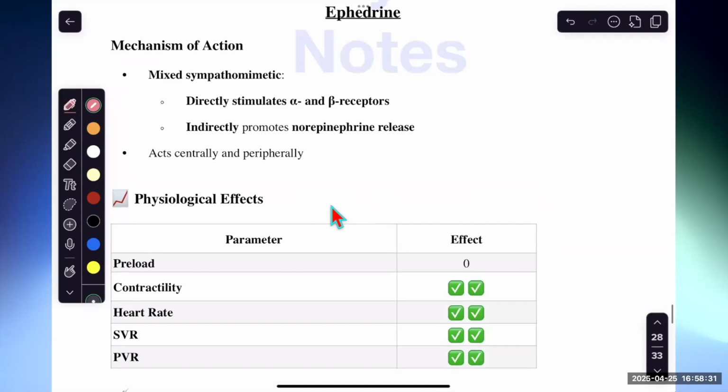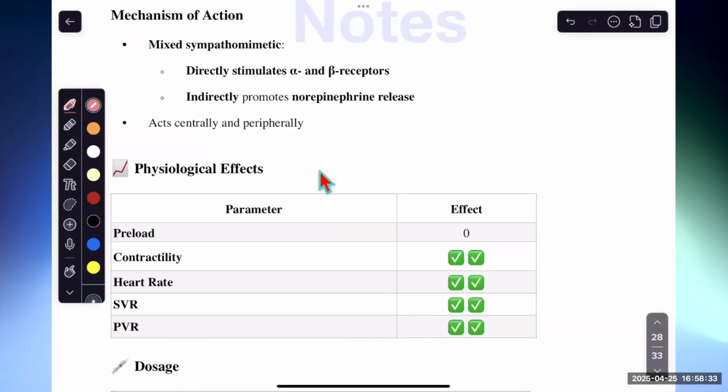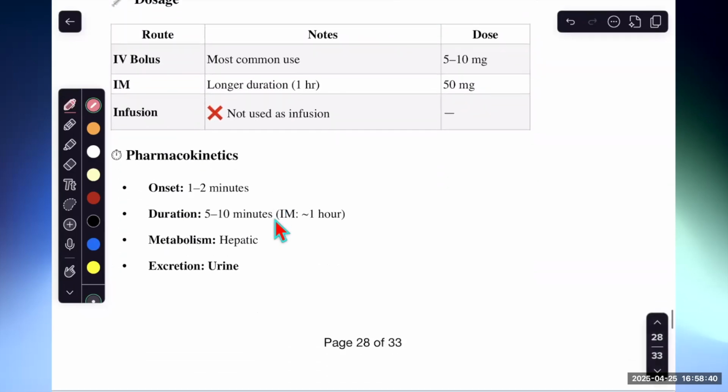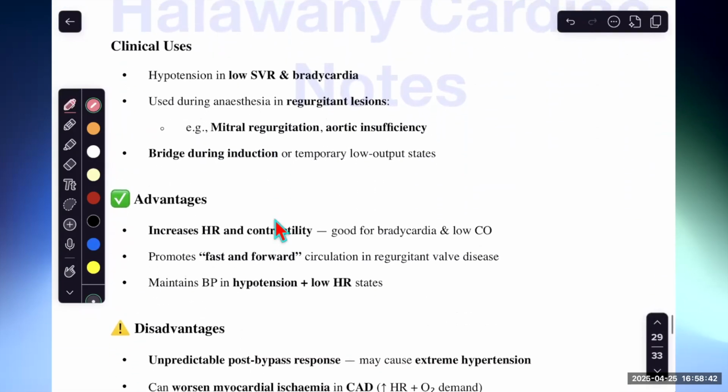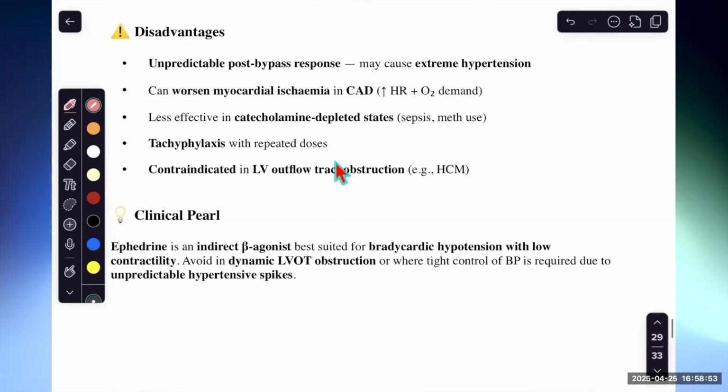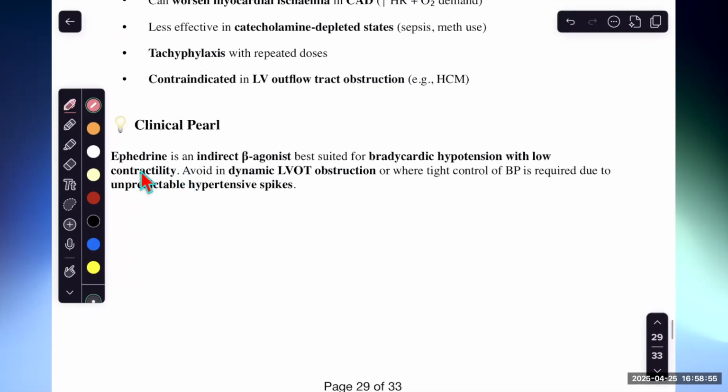Ephedrine. Ephedrine, you know we use it most of the time as boluses, never as infusion. Actually, its use in open heart is very limited, because you can use it in regurgitant lesions, but you are afraid of its fast heart rate.